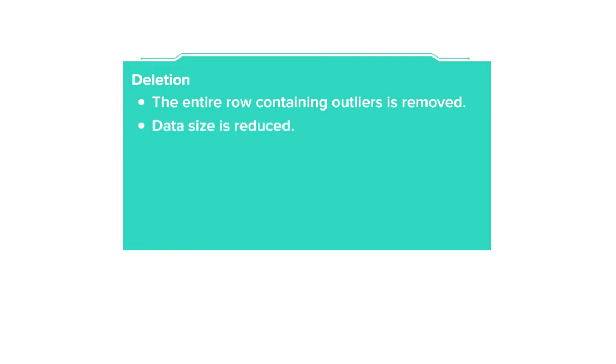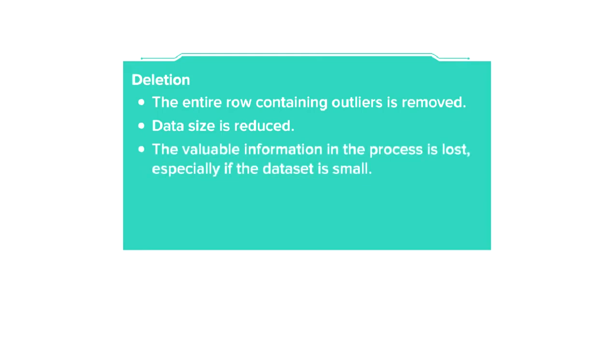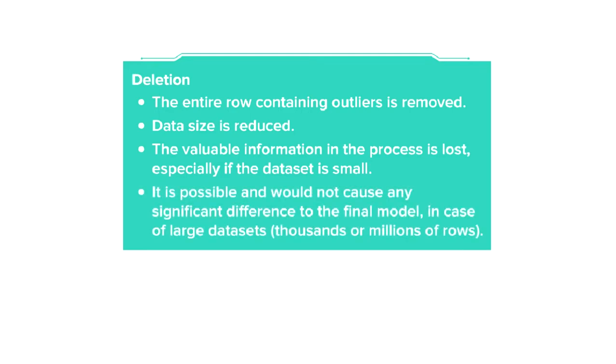This reduces the data size and is not advisable, as we might lose some valuable information in the process, especially if the data size is small. Now, in case of large datasets consisting of thousands or millions of rows, deletion is possible and would not cause any significant difference to the final model we build.